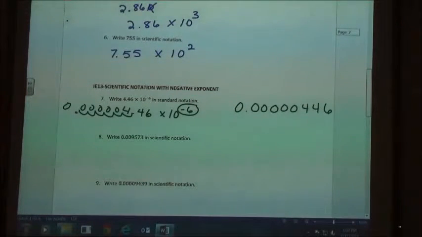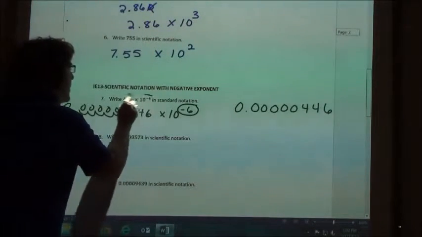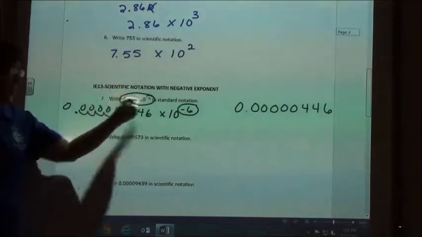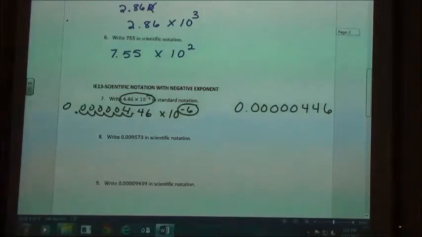So, again, if I want to check that with my calculator, we're going to put in 4.46 times 10 caret negative 6. And since we're just doing the number without any operation, we don't have to put the parentheses, but it certainly doesn't hurt to put the parentheses around it.